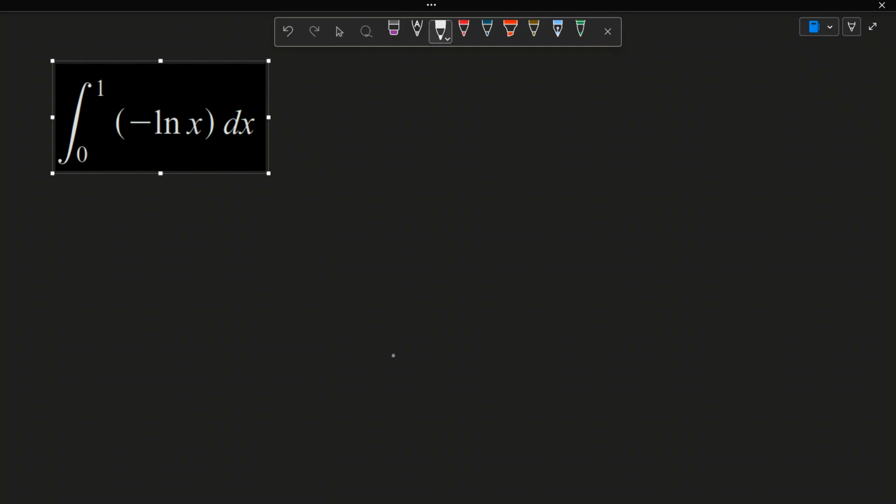If I use a substitution, like if I take ln x as t, then x is e to the t, dx is e to the t dt.